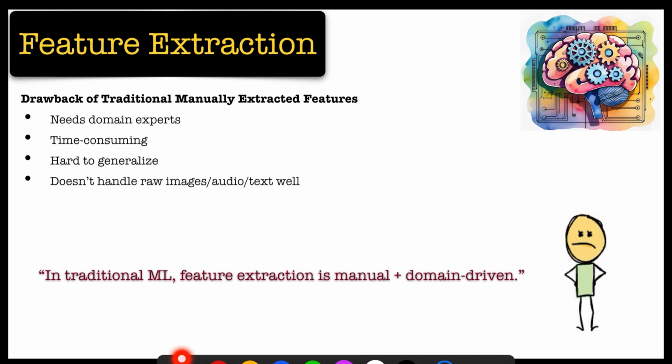The features are extracted based on domain knowledge and we cannot generalize them to all the domains. Also, it doesn't handle raw image, audio and text well. So traditional ML feature extraction is basically manual and domain driven. We cannot generalize it well and it's very difficult to do. We need domain expertise, and it's time consuming.